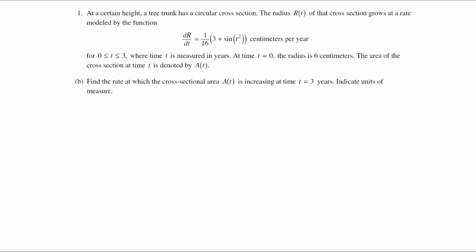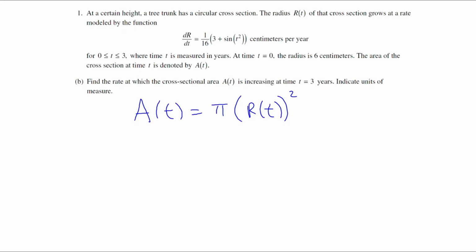In part B, it wants us to find the rate at which the cross-sectional area is increasing at t equals 3. Well, the cross-sectional area is going to be pi times the radius squared, and the radius is represented by r of t. So we have the area is pi times the radius squared, since this is a circular cross-section.